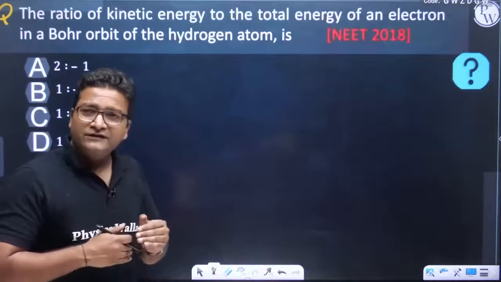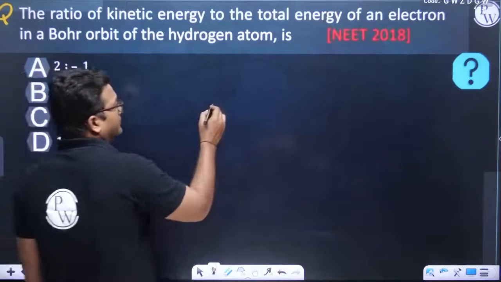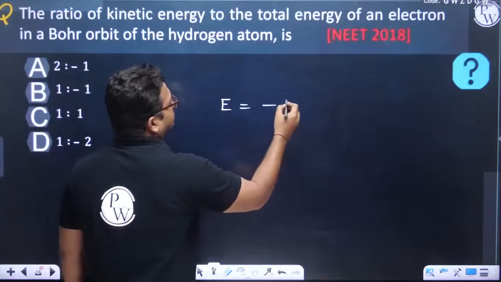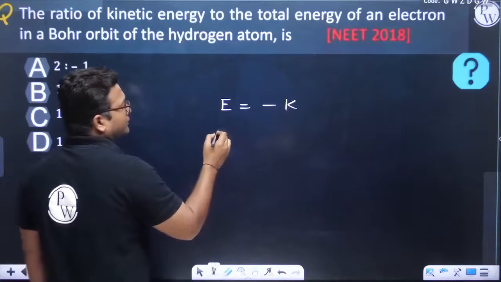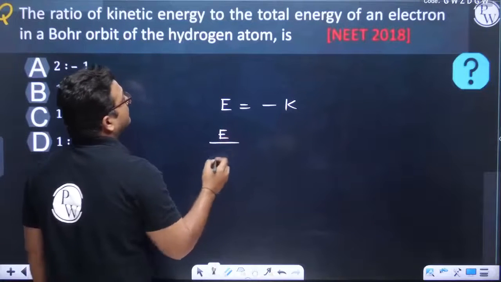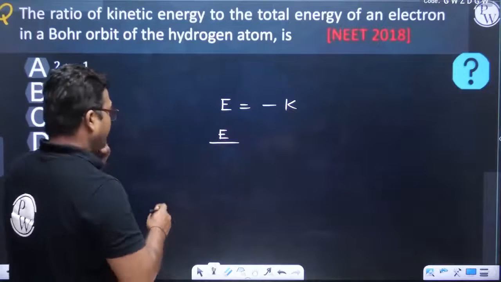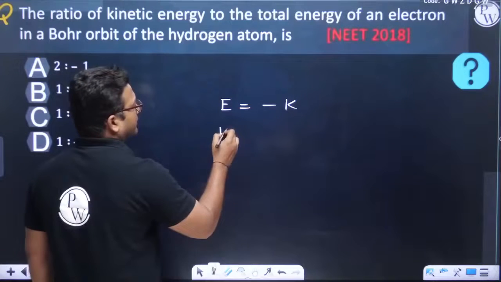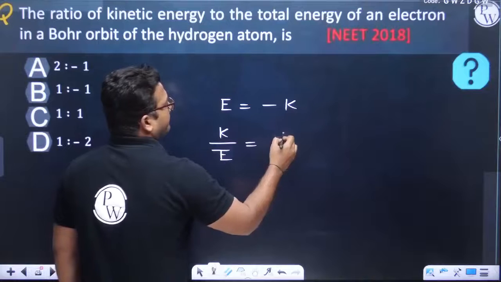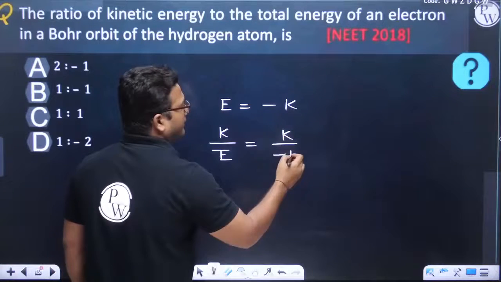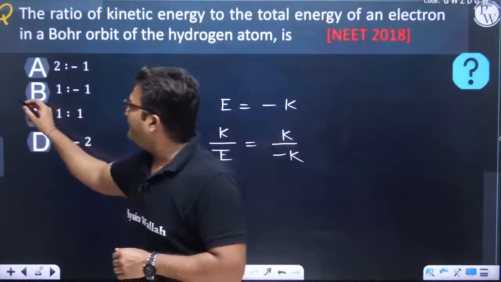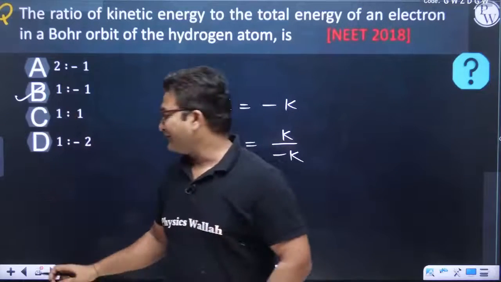We just understood that the total energy E equals minus K. So the ratio of kinetic energy to the total energy is simply K divided by minus K, that is 1 upon minus 1. So obviously B is your correct choice.